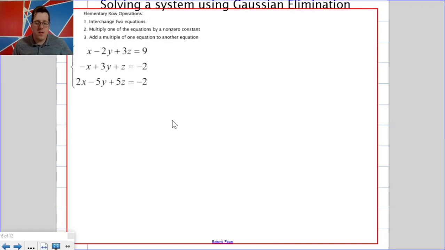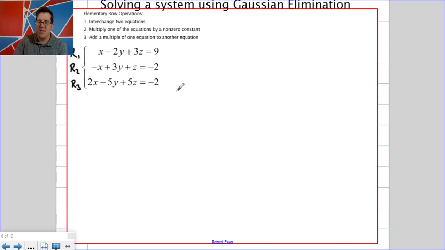All right, I'm going to scrunch all of this way down because something that you're going to find out is that all of this is going to take a lot of space. I'm going to start by labeling my rows as R1, R2, and R3. When I'm solving these systems of equations in this manner, I like to use a very, very strict procedure.